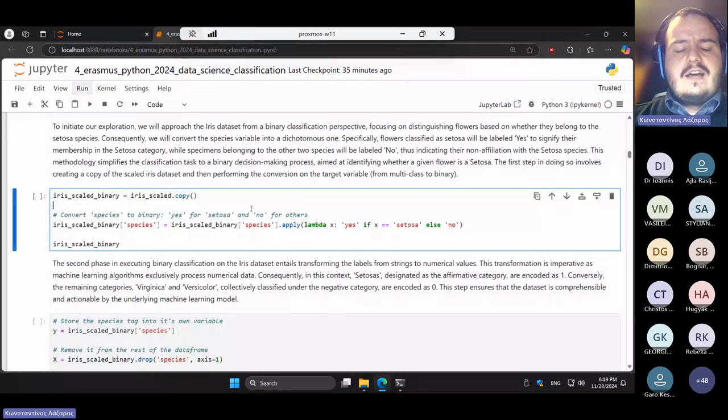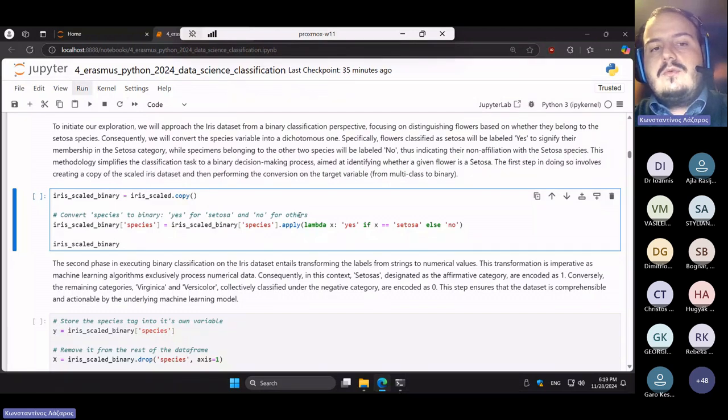So having said all that, Iris, because it uses a categorical variable as its target, is a data set that is suited for classification. And there are also different types of classification. If we have two different categories that we need to classify our data into, then we would call this binary classification, because it's almost like answering a yes or no question.